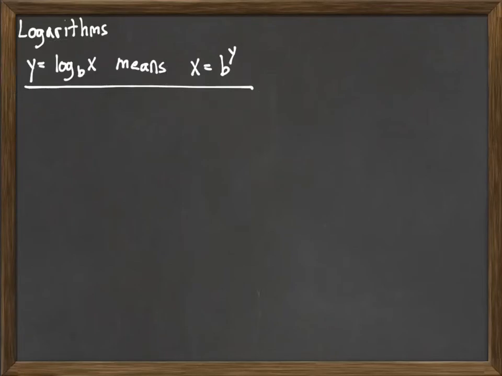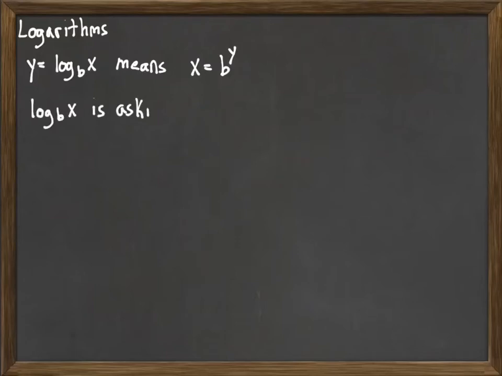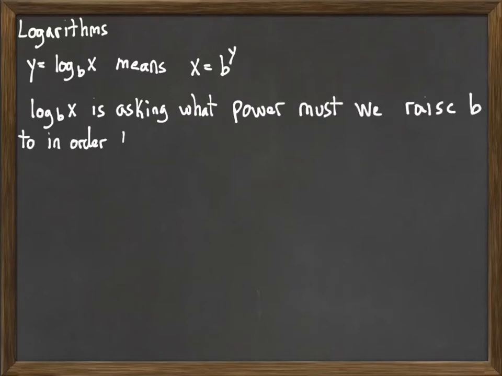We're going to use this relationship to help us understand what logarithms actually tell us. Since y equals log base b of x is equivalent to saying x equals b to the y, what a logarithm is basically asking is: what power must we raise the base b to in order to get x?